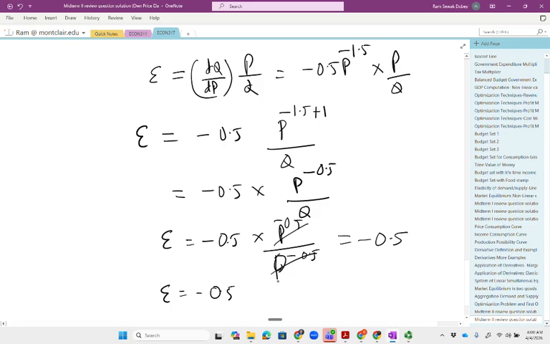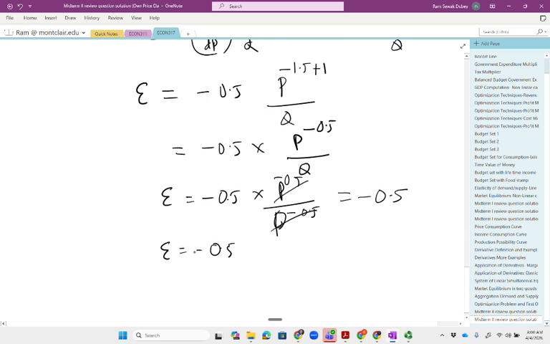And notice here we do not have any P or Q appearing in the expression, which means this elasticity value will apply to every quantity and price pair. So it is the same elasticity when Q is given as 10 or Q is given as 20.